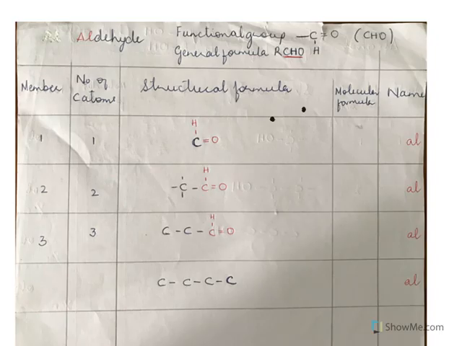Now for the next group, that is aldehyde. Now for the aldehyde, the functional group is CHO. And the CHO is carbon, 1 hydrogen, double bond, oxygen.